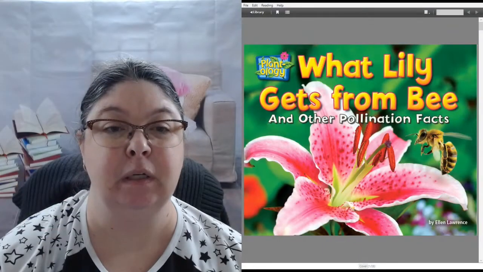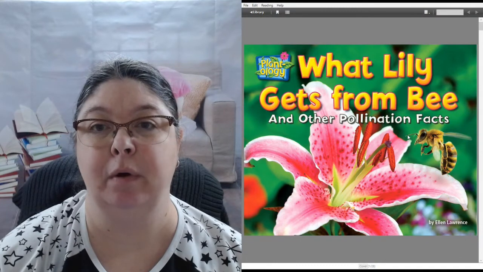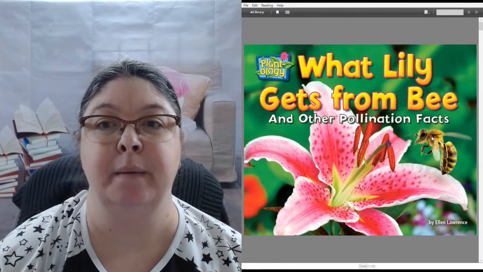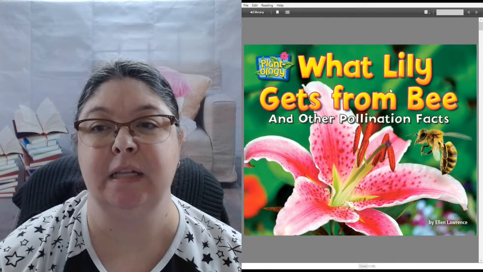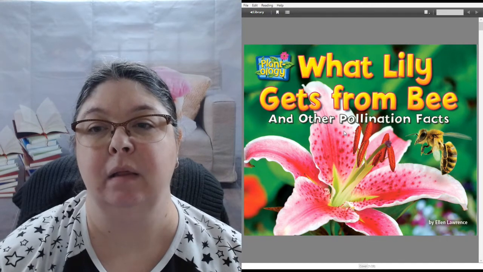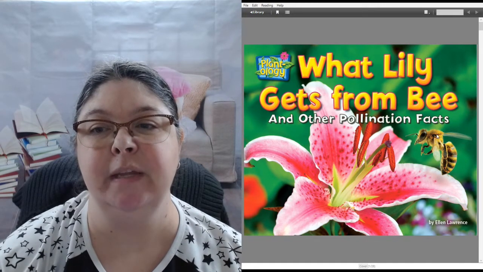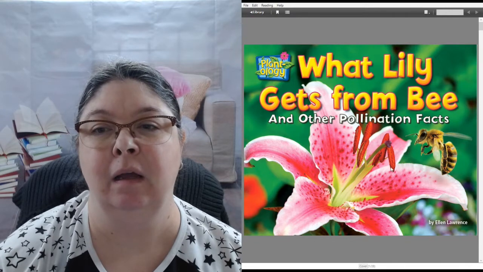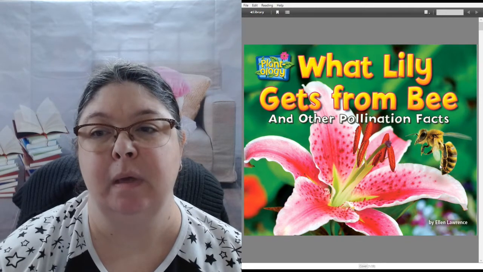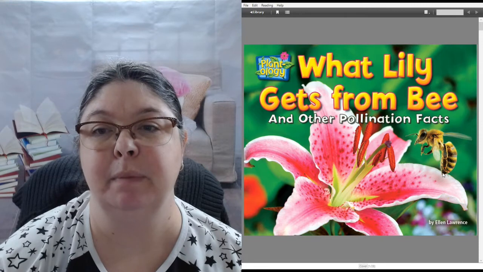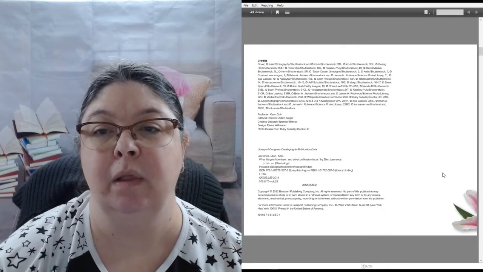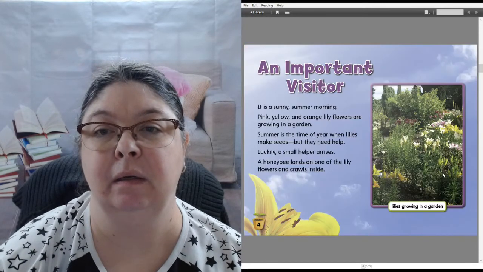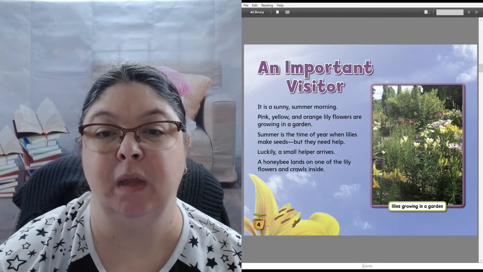Okay, so I have a book that gives us some more facts about pollination. It says, "What Lily Gets from Bee and Other Pollination Facts." As you can see, the bumblebee here, or the bee, is going to get some pollen. So let's find out the story.